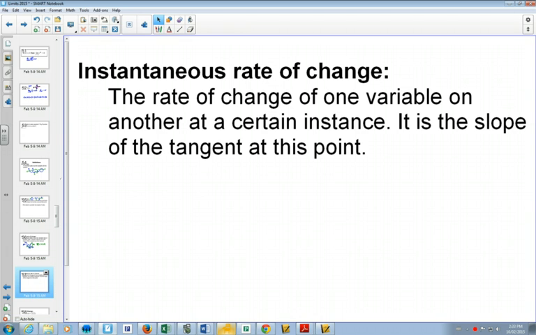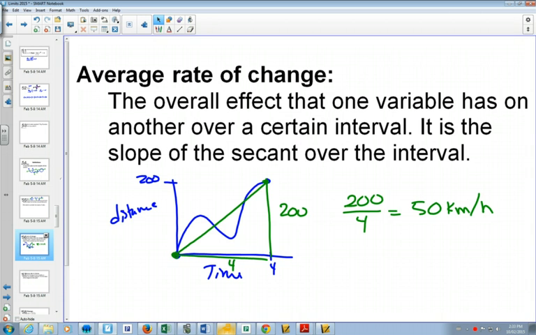So now if we go back to our graph before, and we choose a point on our graph, let's say I choose this point right here, and I drew a tangent line, the one and only tangent line that hits that point.